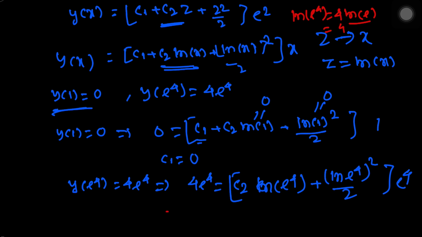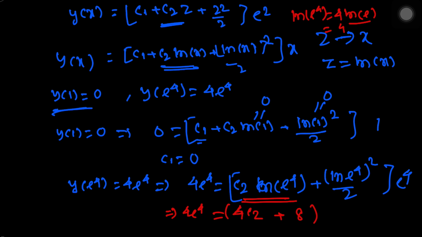So from this what we get, let's check. 4 e to the power 4 equals 4 c2, and from this 4 square, since ln e to the power 4 becomes 4. So 4 square is 16 by 2, that is 8.